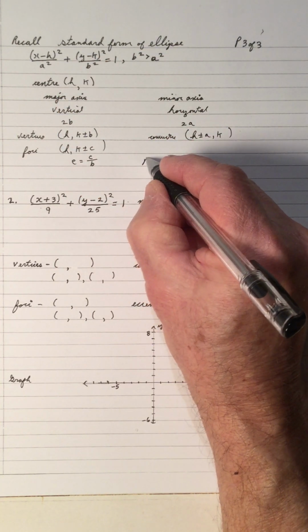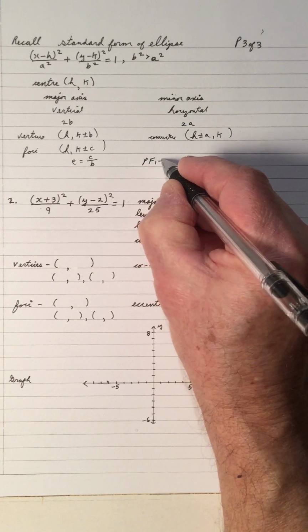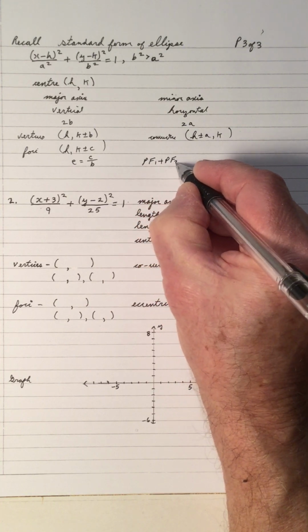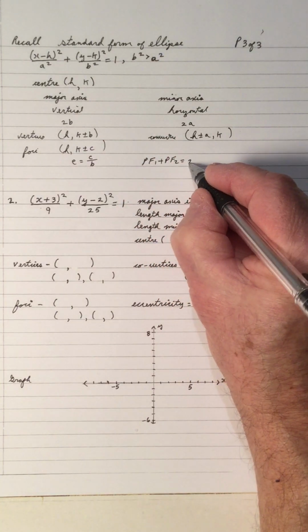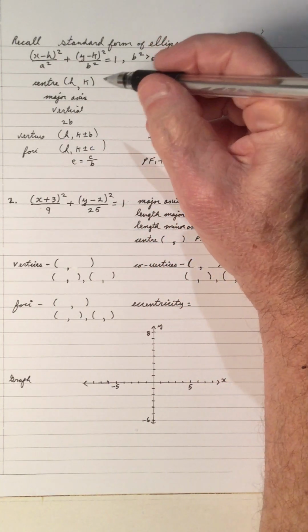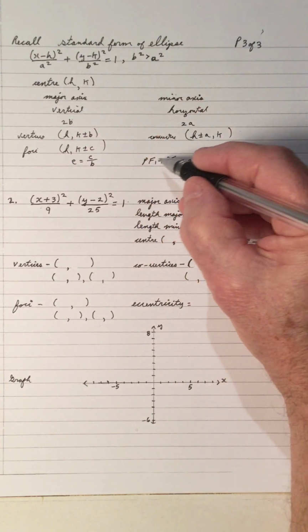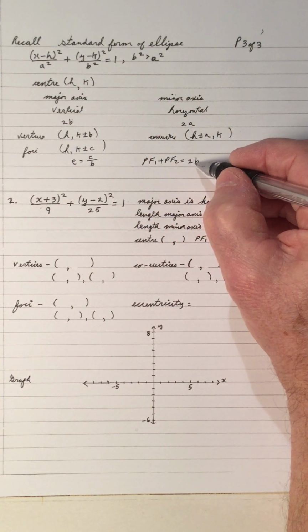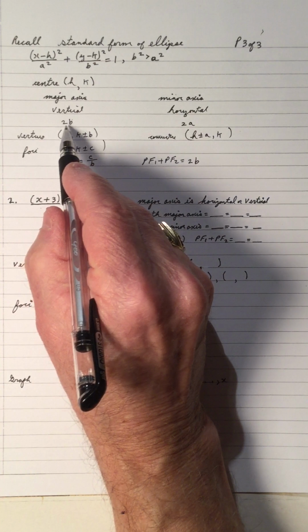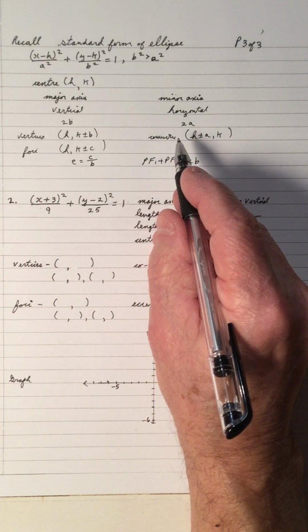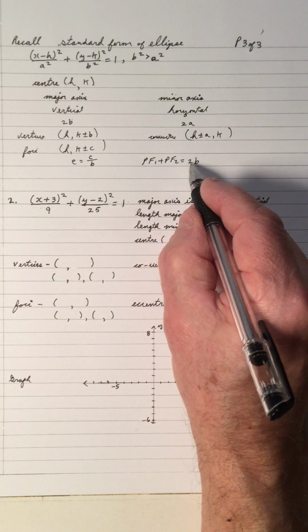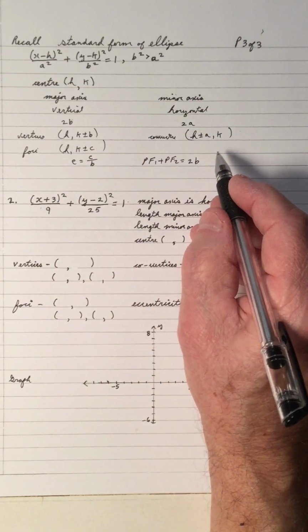And PF1 plus PF2, in the vertical, it's b, so the length of the major axis is 2b, so PF1 plus PF2 is 2b. The length of the major axis is what the distance from the point to each focus adds up to, twice what b is.